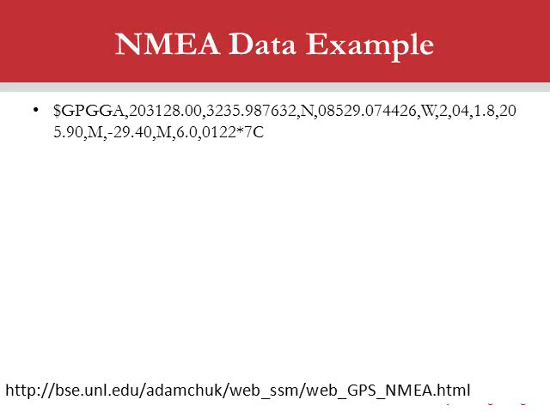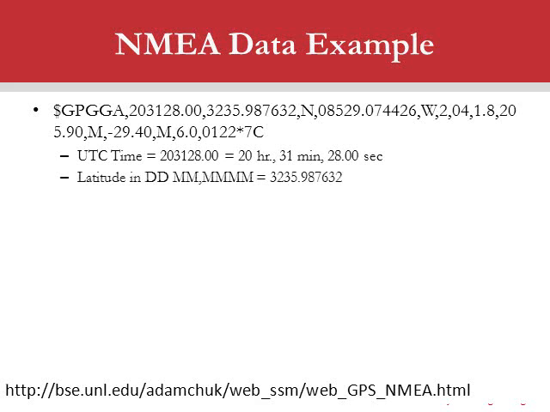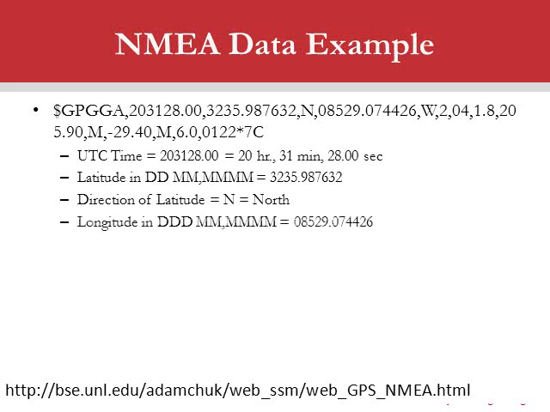Here's an example of a typical GGA NMEA string. First field tells us the time of day. Second field gives us the latitude. The next field tells us the direction of latitude, in this case north. Next field is longitude, followed by the direction of longitude.